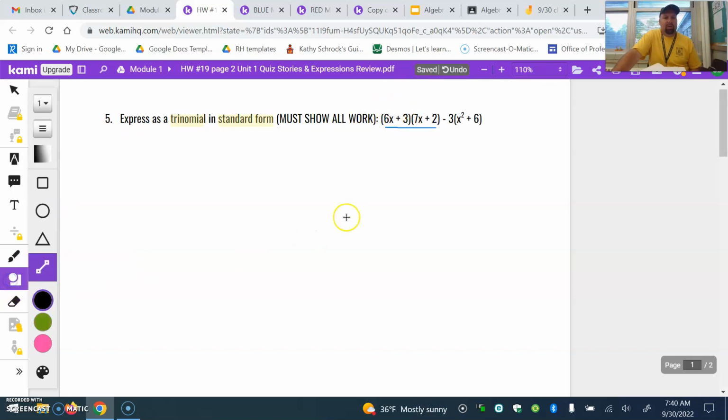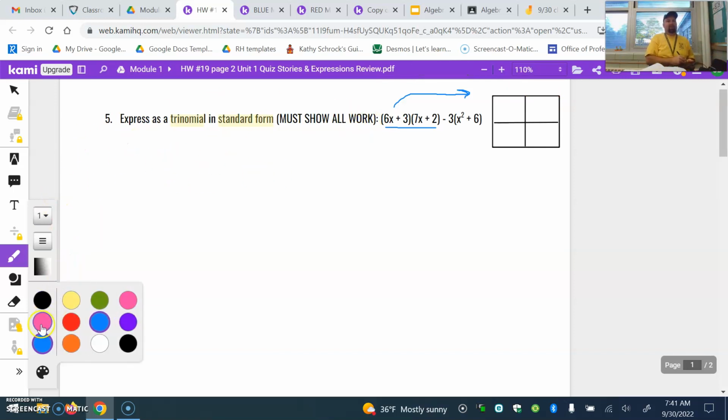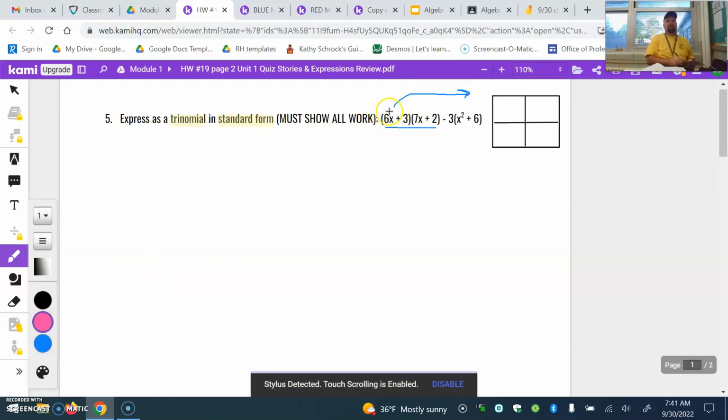You could do a geometric area model if you are somebody that prefers that strategy. It might look like this. You put one binomial as the length and the other as the width and fill it in. But I'm actually going to do the double distributive.